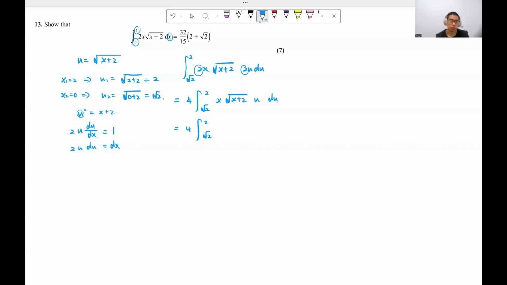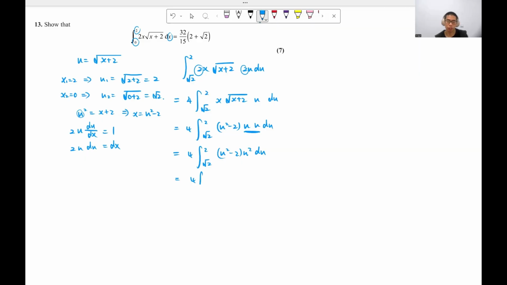Because u squared is x plus 2, x has to be equal to u squared minus 2. That would be u squared minus 2 times root x plus 2, which is just u, and then times another u du. So that would be 4, integral from root 2 to 2, of u squared minus 2 times u squared du, because u times u gives us u squared.